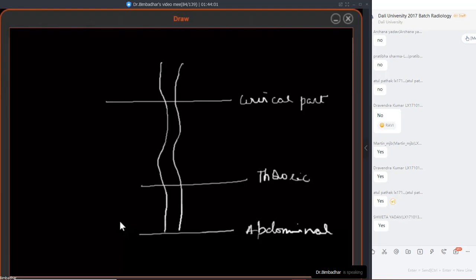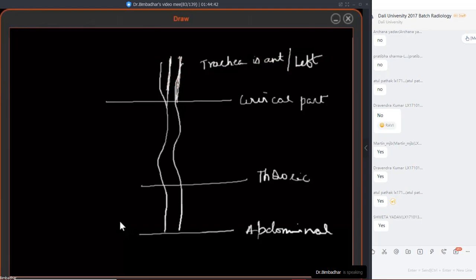In the cervical part, the trachea is anterior to it, and present more to the left. When we analyze a chest X-ray, you can see a thick white line, which is the trachea with the cricoid cartilages.